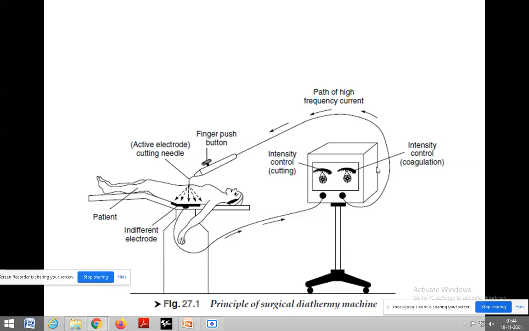There is intensity control for both cutting and coagulation processes. Based on the controls, you will apply it to the affected part of the human body through the electrode.